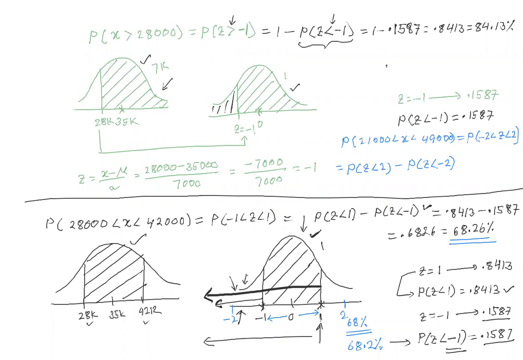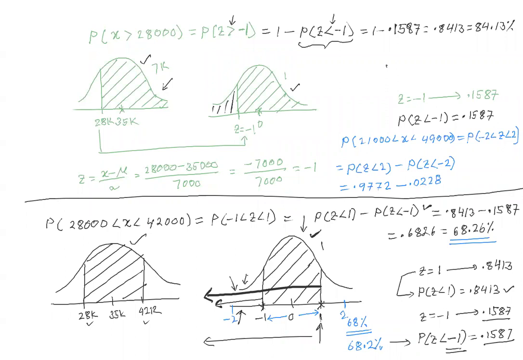Now, if you look at the probability of Z less than 2, by the way, that is going to be 0.9772, I believe, minus the probability of Z less than -2, which is 0.0228.